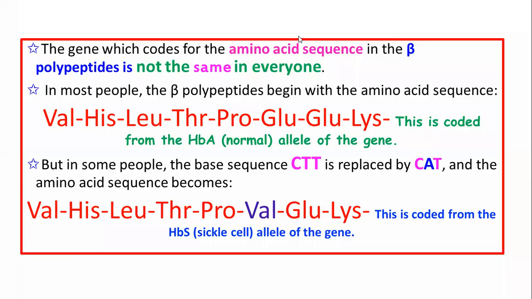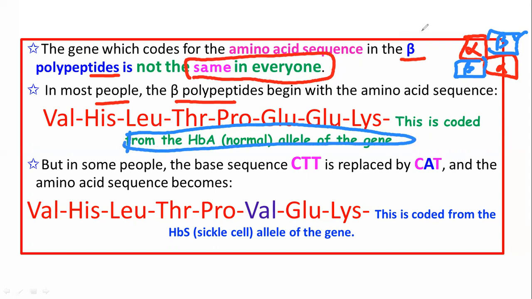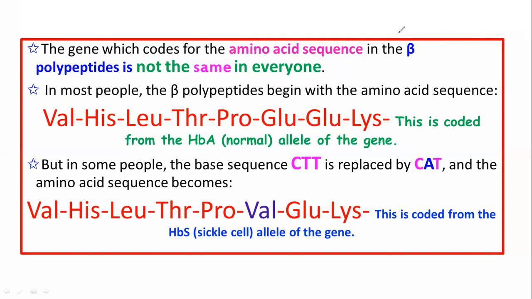Anyway, right now you need to remember that the gene coding for the amino acid sequence in the beta polypeptide is not the same in everyone. Let me draw the 4 polypeptides here, which is better for you to remember. These 2 are alpha and these 2 are beta, and we are talking about beta here. This is from normal hemoglobin. You can check: it starts from valine, histidine, leucine. These are the names of the amino acids. But look here.